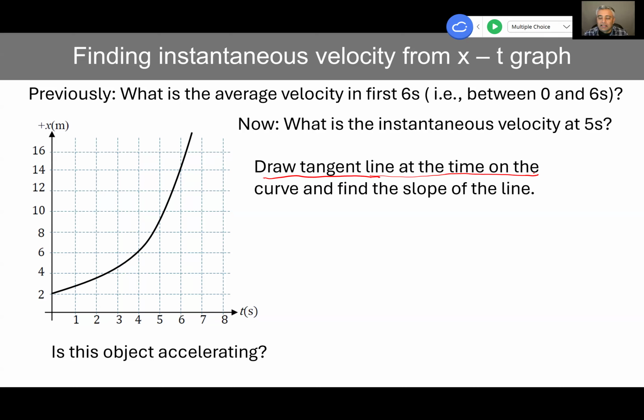For the average, you'll have information about time interval. But for instant, it's going to be just the moment, a particular time. Just like it says, what is the instantaneous velocity at 5 seconds? So a time is given. It did not say first 5 seconds. If you say first 5 seconds, that would be average velocity, not the instantaneous velocity.